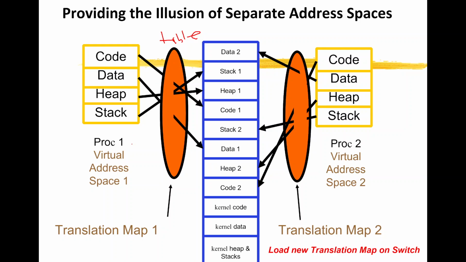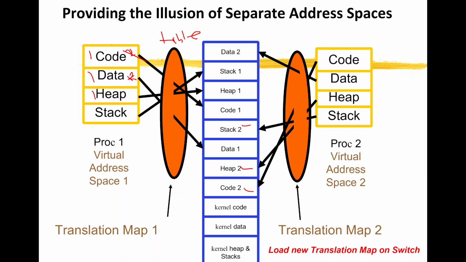And this table keeps tab of what is being stored here. So here we have code 2. These are all 2s, because these are all 1s. Let me cancel this. These are all 1s. Now, all the 1s, you notice that you have stack 1 here, heap 1, code 1, and then you have data 1 here, which means they can be scattered all across the board. For process 2, you have data 2 up here, you have stack 2 here, heap 2 here, code 2 here.